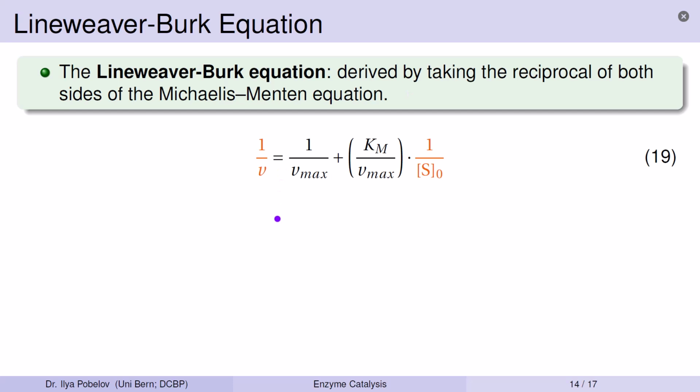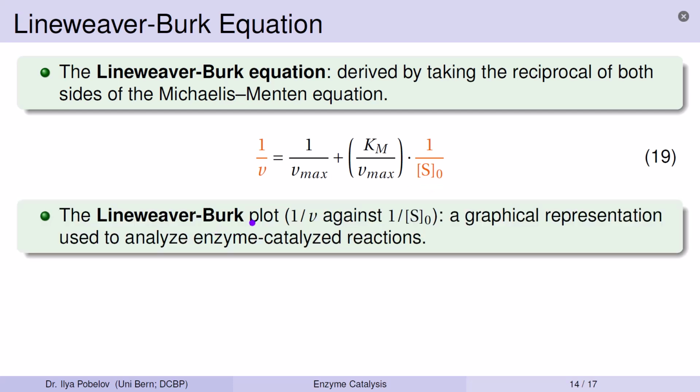The reciprocal of the rate V equals the reciprocal of the maximum rate Vmax plus the Michaelis constant Km divided by the maximum rate Vmax times the reciprocal of the initial substrate concentration. This equation forms the basis of the Lineweaver-Burk plot, a graphical representation used to analyze enzyme-catalyzed reactions.